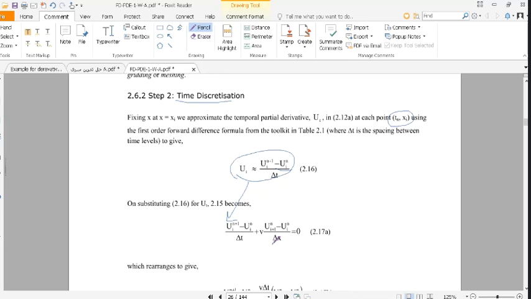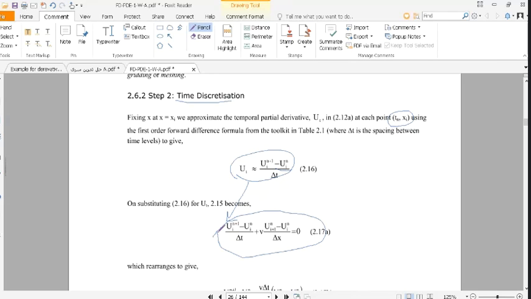I have a question for you. In this discretization form of the PDE, what times are used? How many times are used? How many rows are used? 1, 2, or 3?